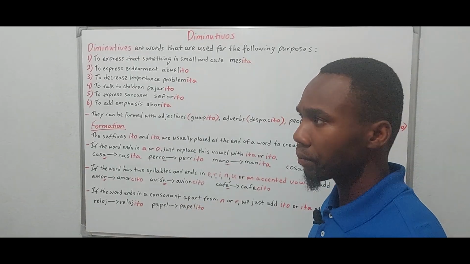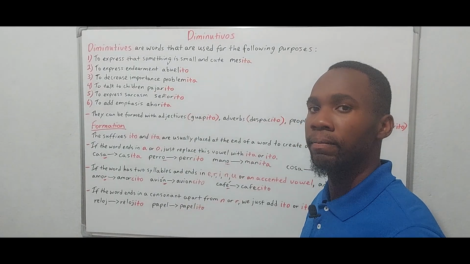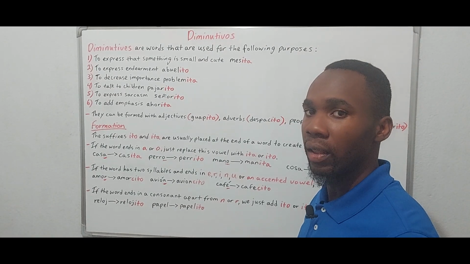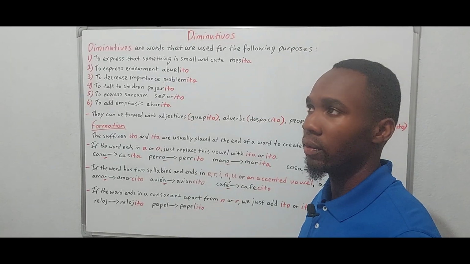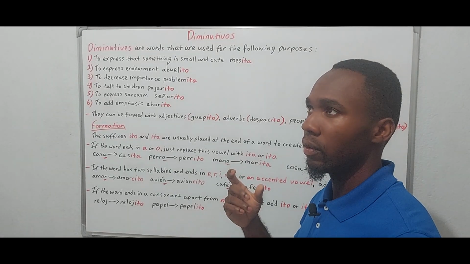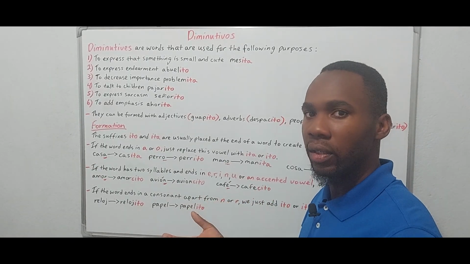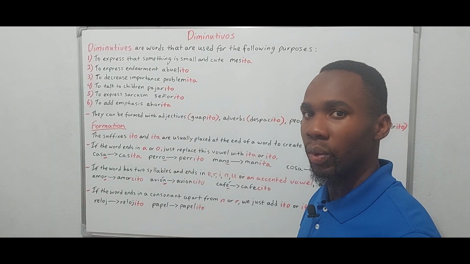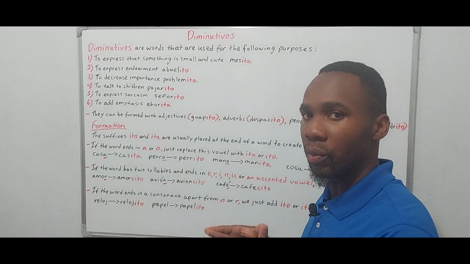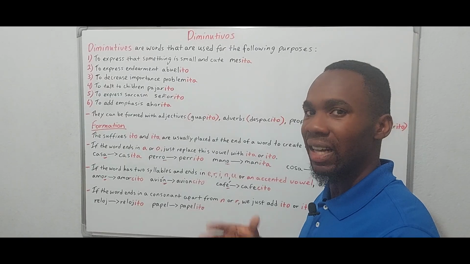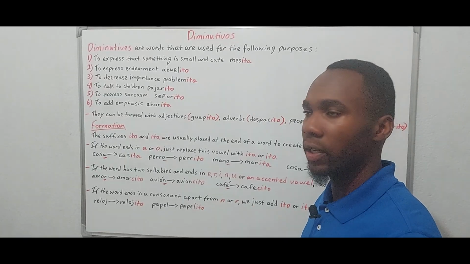So yes, we also have these words in English. We could also say little boy. We could also use little with whatever it is that we're talking about as a diminutive.